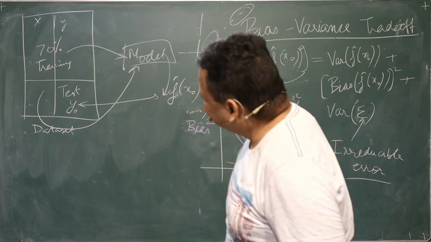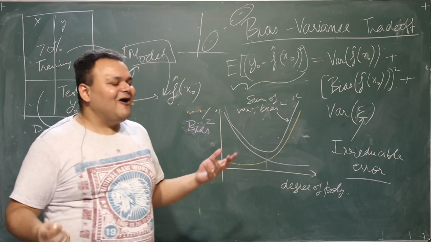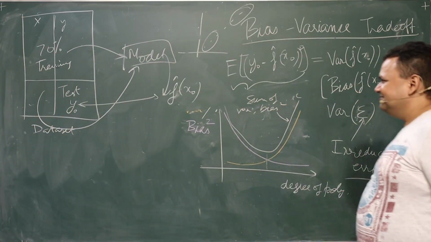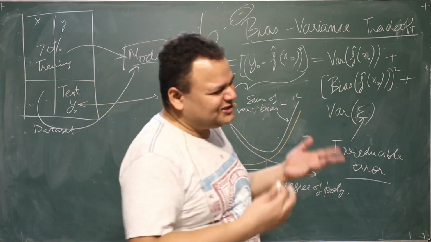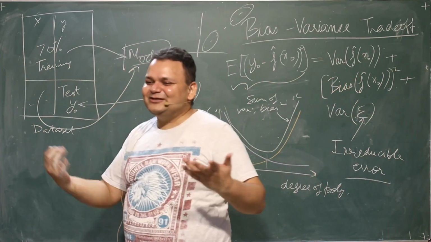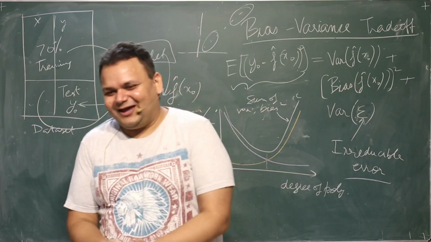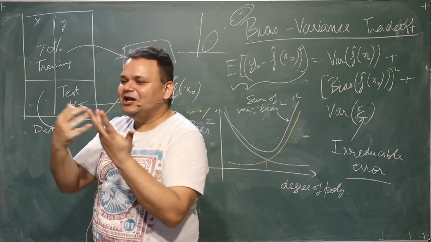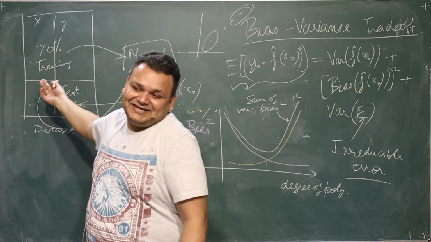Obviously, what do you think is wrong in this methodology? Any idea? They are using the same data for testing, the same methodology was used, same everything was done, but in the real world this is not going to be the case. So you can think of this as the best case scenario, because whatever human biases were present in collecting this particular data set are also present in collecting this data set.